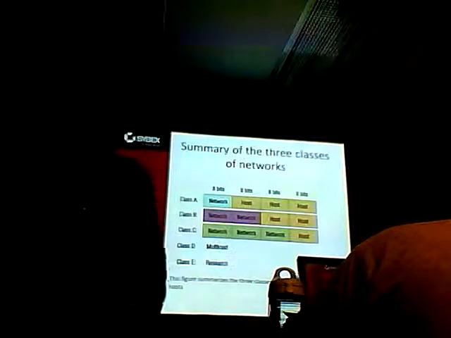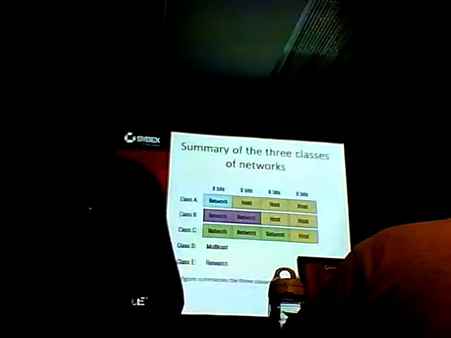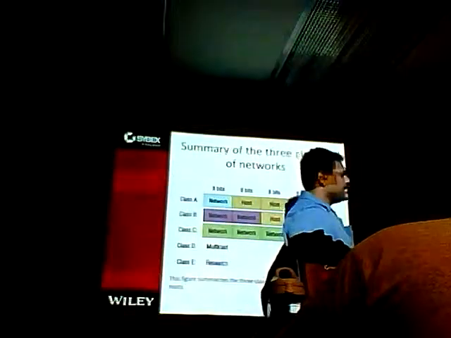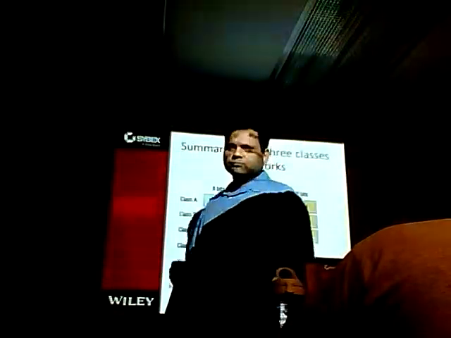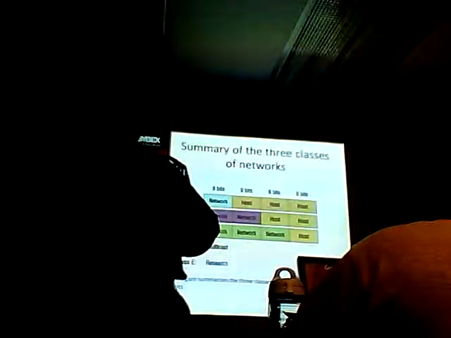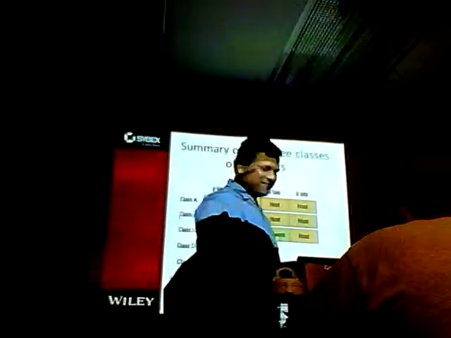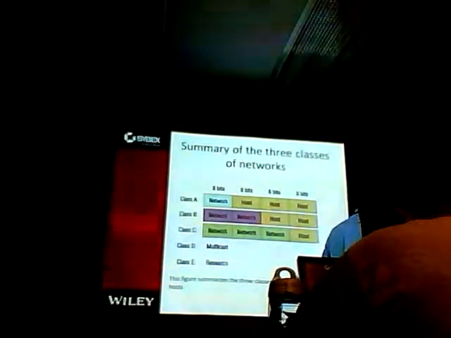Class D we use for multicast, and class E is for experimental use only. I have to go with the Network Plus way, so I might have to change a little bit. Any question on the classes?